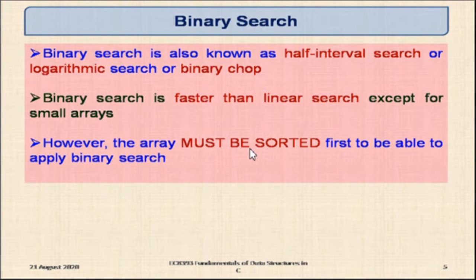We must sort the entire list, especially in ascending order, because the algorithm we are going to discuss is applicable for ascending order. So we have to sort the data in ascending order before applying the binary search algorithm.